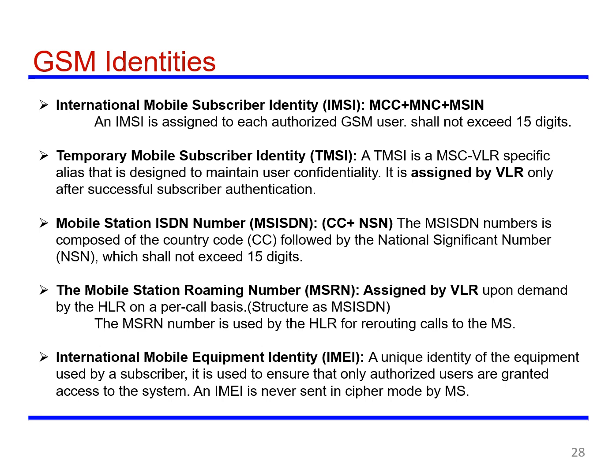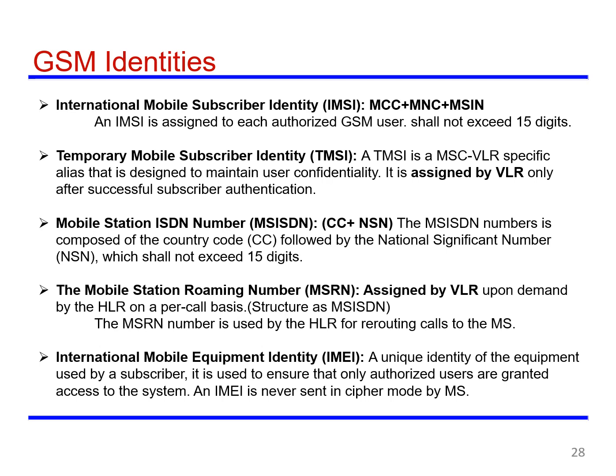Now coming to the MSISDN, it has the country code followed by the national significant number, which is nothing but our mobile number. As I said, it should also not exceed 15 digits, and it is the identification given to common people. Now coming to the MSRN, we already discussed this. It is assigned by the VLR on the demand of the HLR, on a per call basis, and it has the same structure as the MSISDN.